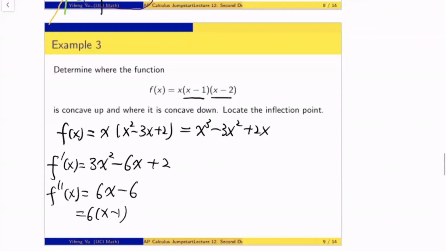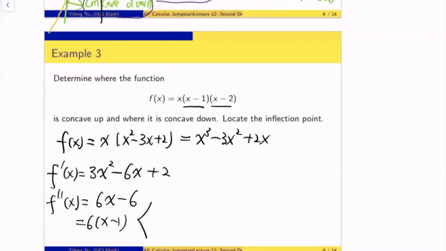So it's clear from here that when x is bigger than 1, this function will be concave up. And when x is less than 1, the function will be concave down, because f double prime is bigger than 0 here, and here f double prime is less than 0.